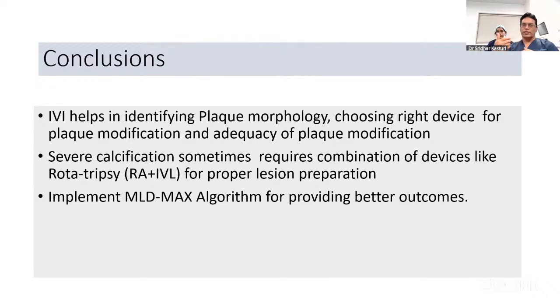Initially use laser, subsequently you can use rota or orbital combinations or orbital with IVL combinations. So the different devices you can use will definitely be helpful in modifying more adequately, and always implement the MLD MAX algorithm for providing better outcomes.